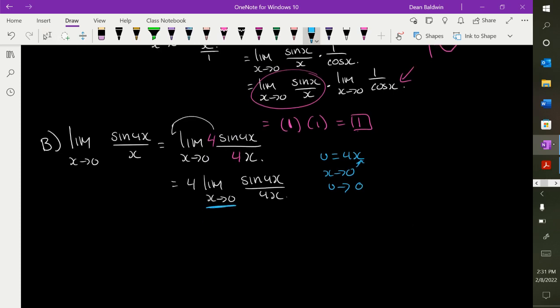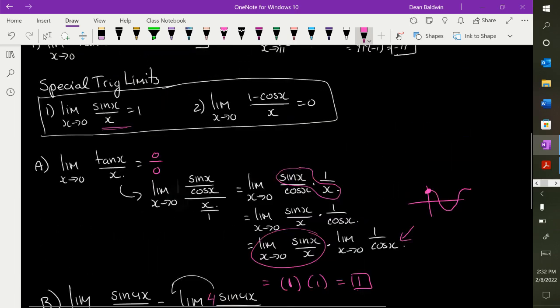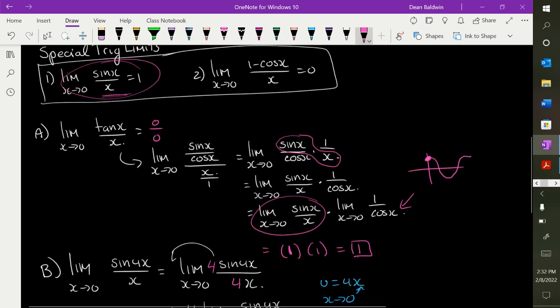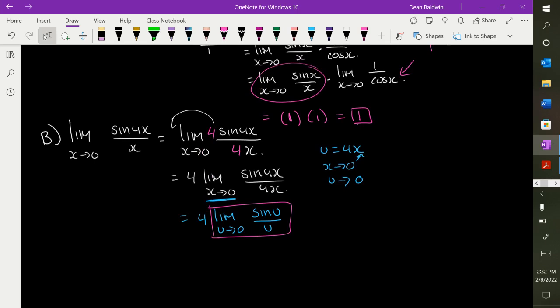So that means I can rewrite this limit as 4 times the limit as u goes to 0 of sine u over u. Now, this is our identity up here. Doesn't matter what the variables are, as long as they're the same. So then I get 4 times 1, which is just 4.